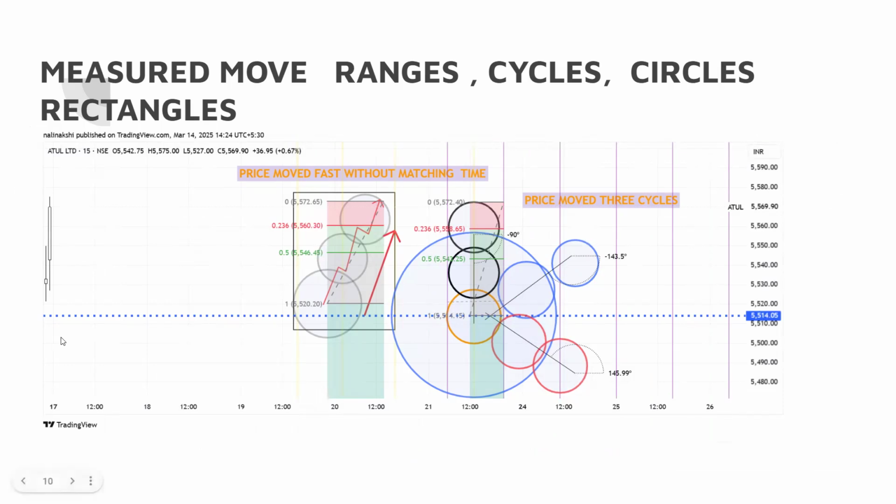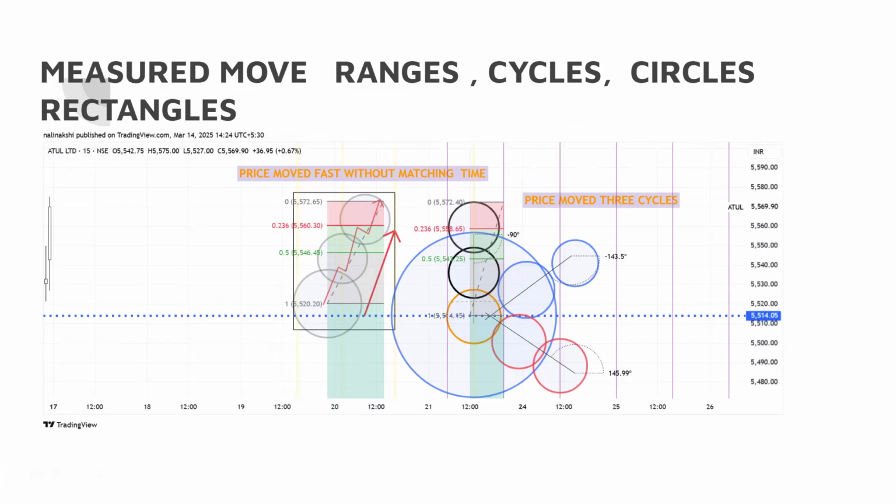That means price moves fast, then halts. Rectangle means it moves horizontally with the time, it spends time, and again it spikes up. That means it is taking time to move.